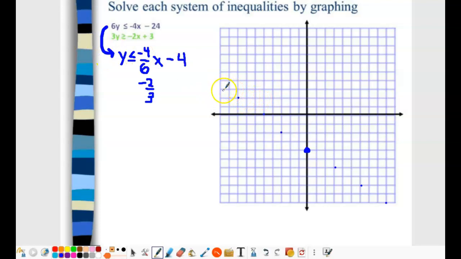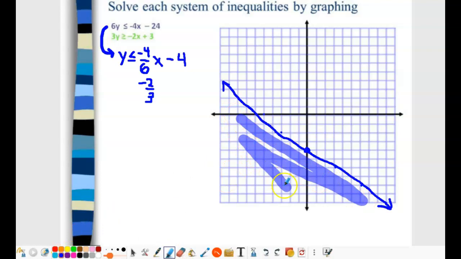This line is solid. And the y values are less than, therefore we shade below. We're going to solve the second equation for y.